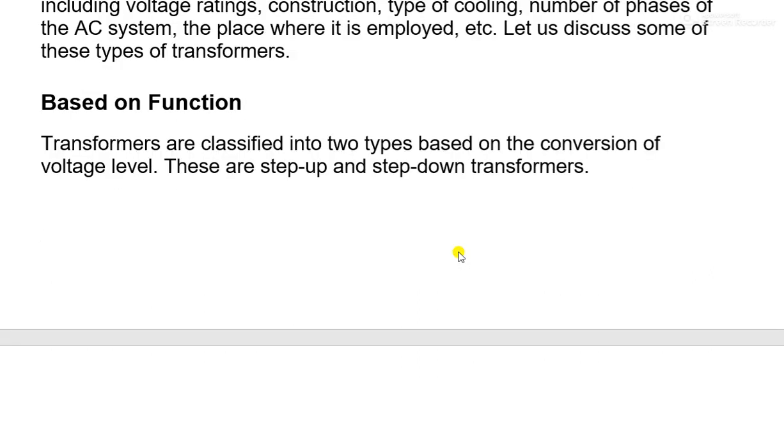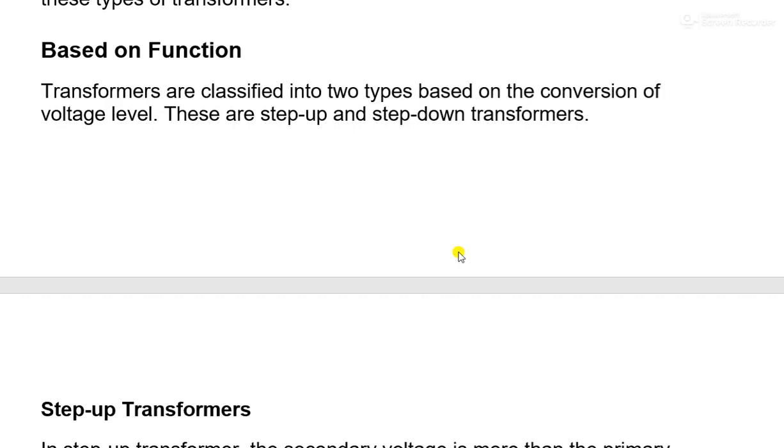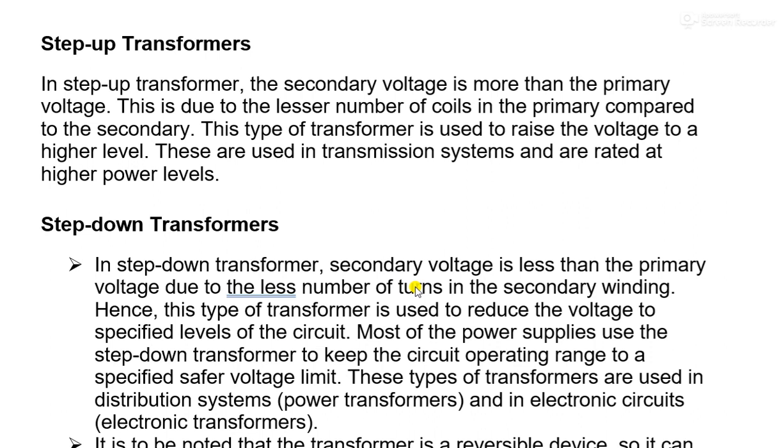If we take the primary basic concept, the function of a transformer, then transformers are classified into two types based on conversion of voltage level: step up and step down transformers. In a step up transformer, the secondary voltage is more than the primary voltage.